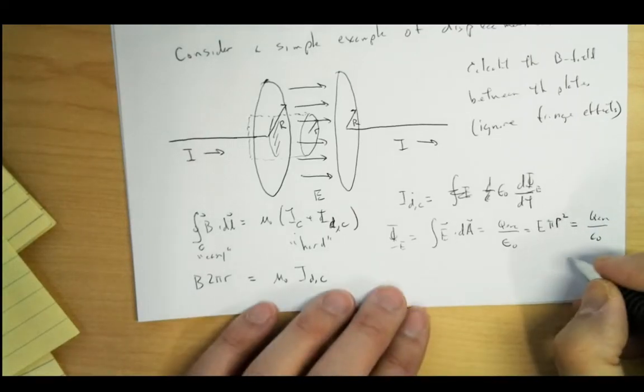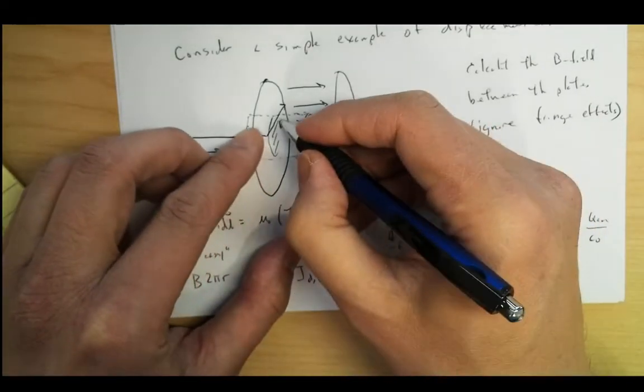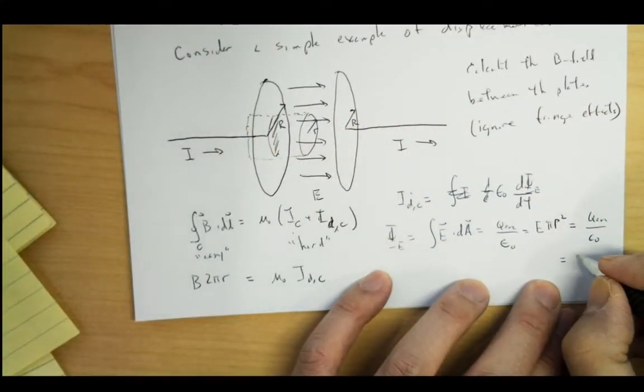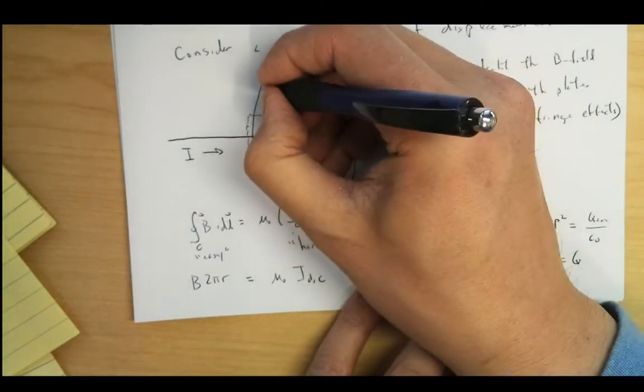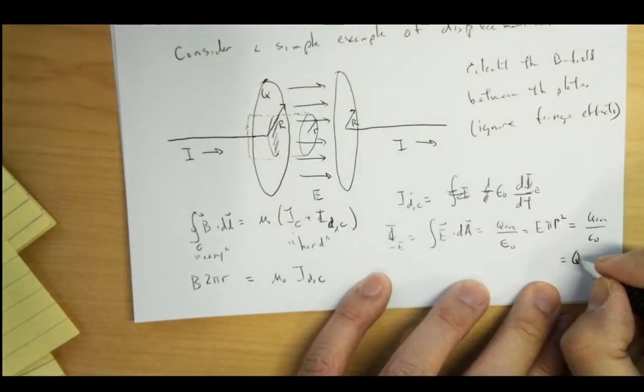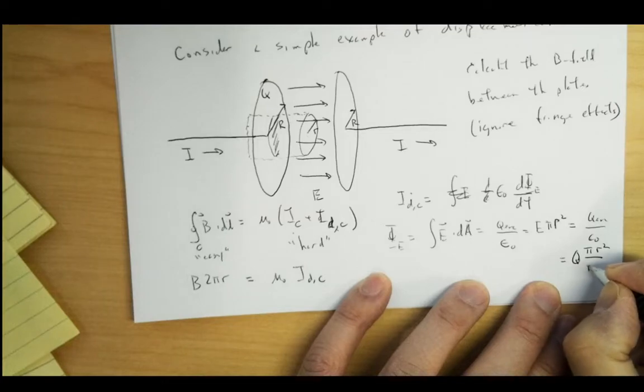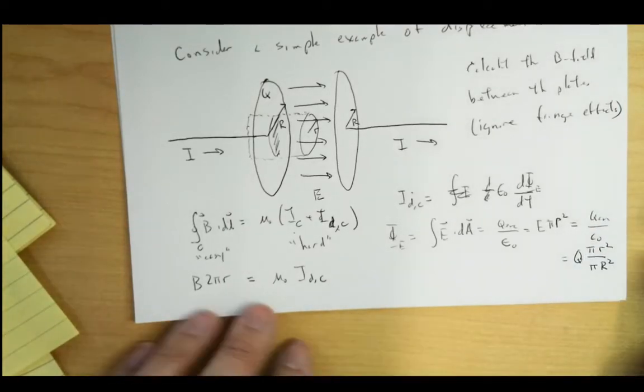And that's just the fraction of the charge that's in here: Q, the total charge on the plate, times pi r squared over pi capital R squared.